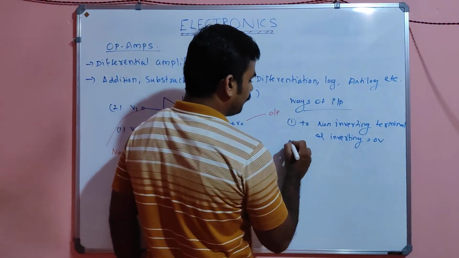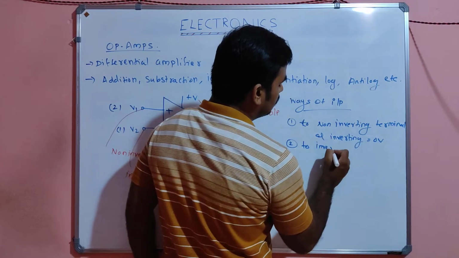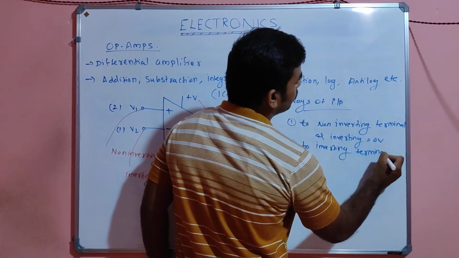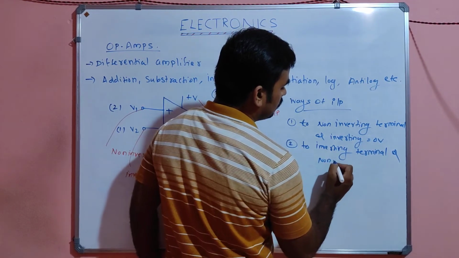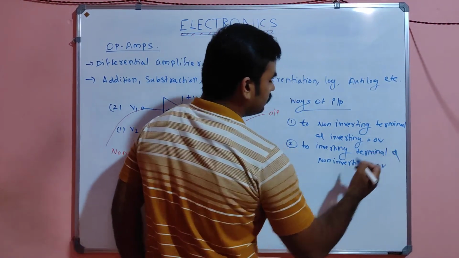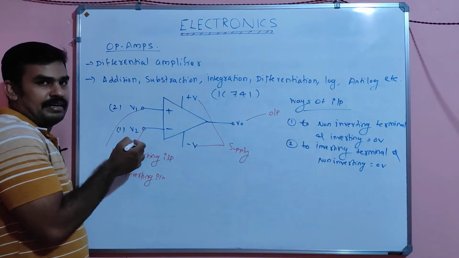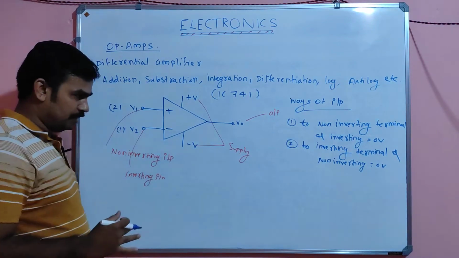Second way, input to the inverting terminal and non-inverting terminal equal to 0. That means you can give the input to the inverting terminal directly and you can ground the non-inverting terminal.